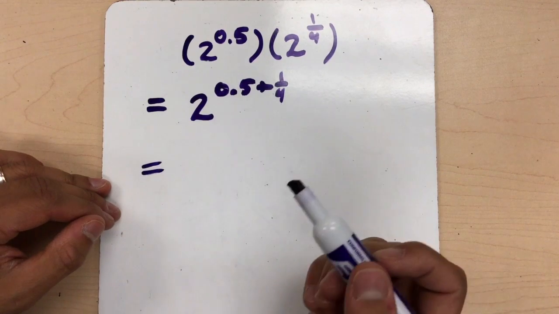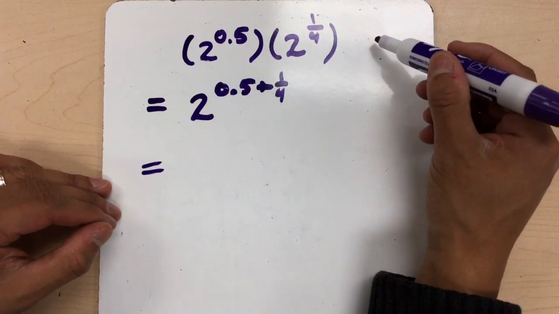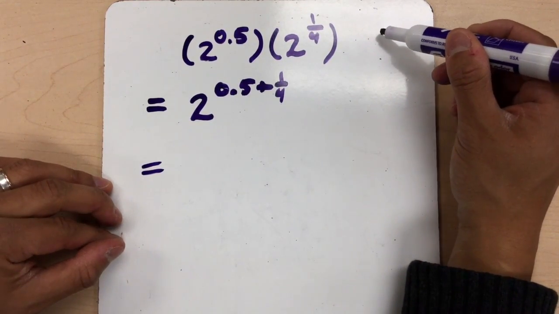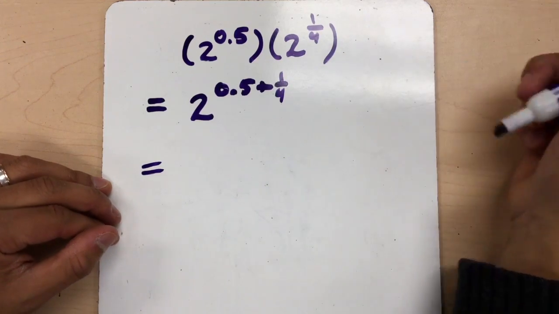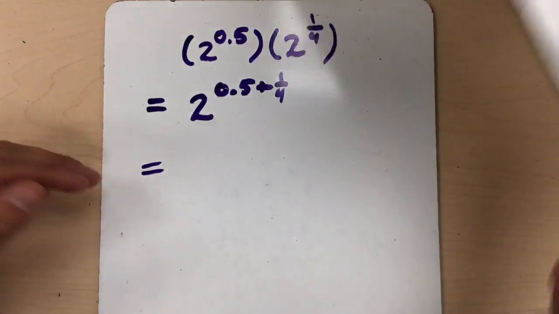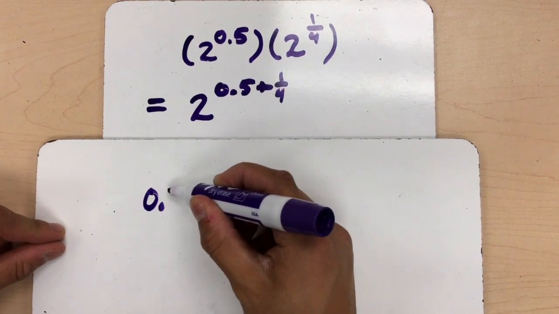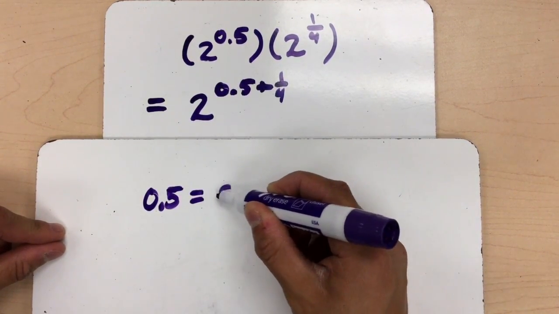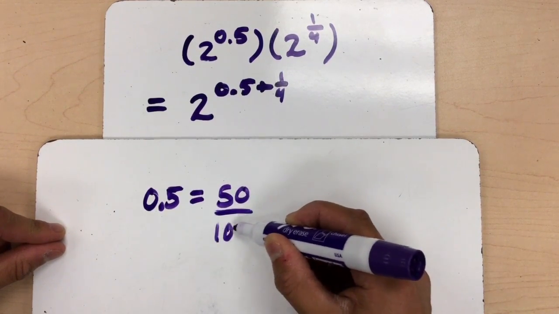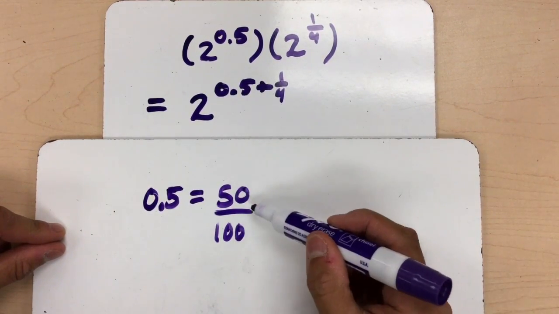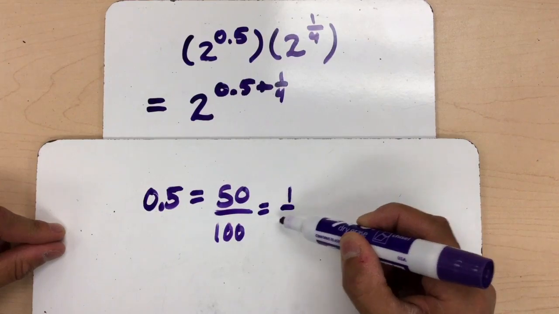Now, if you have 0.5 of something, remember 0.5 can be rewritten as, I'm just going to write as an aside here, 0.5 can be written as 50 over 100 or 1/2.